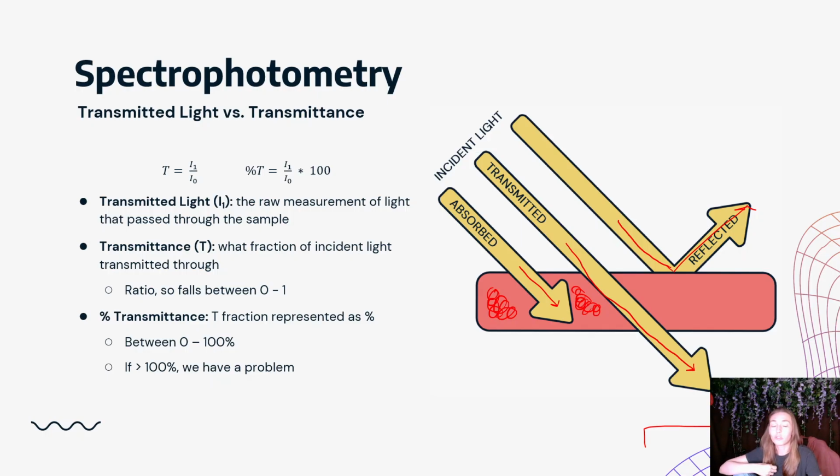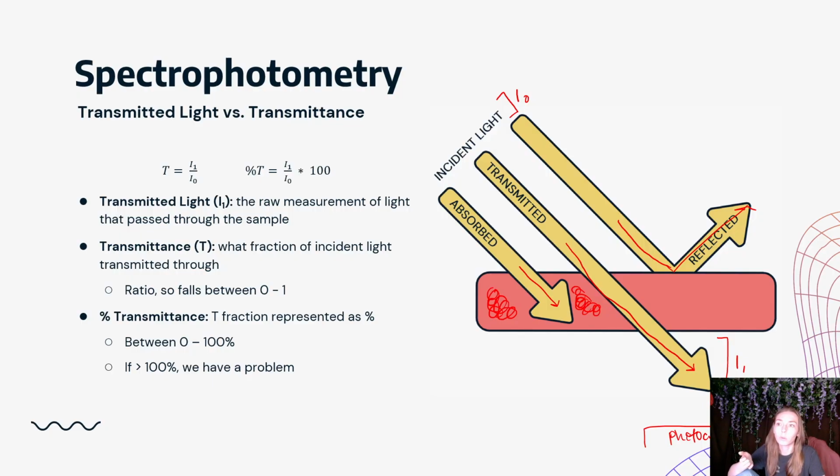So what is the difference between transmitted light and transmittance? Well, transmitted light is the raw measurement. So that is the raw number that the photocell comes up with. Transmittance, on the other hand, is a comparison of that transmitted light to incident light. So your transmitted light can also be referred to as I1, and your incident light can also be referred to as I naught.